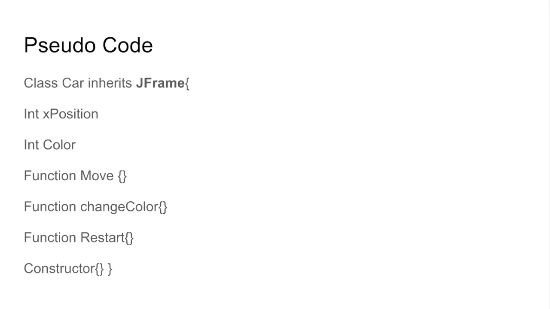It's an integer so that we can say 0 is equal to black, 1 is equal to blue, and 2 is equal to red. Now here are our functions, which we're going to describe in the next slides: function move, function change color, and function restart. We're also going to have a function constructor, which is a very special type of function.